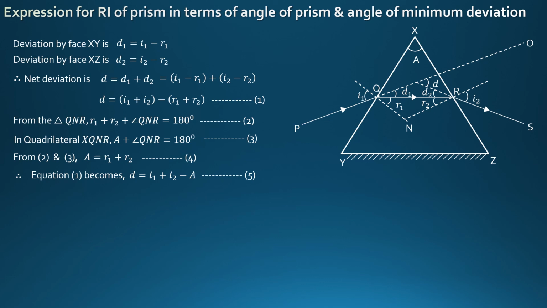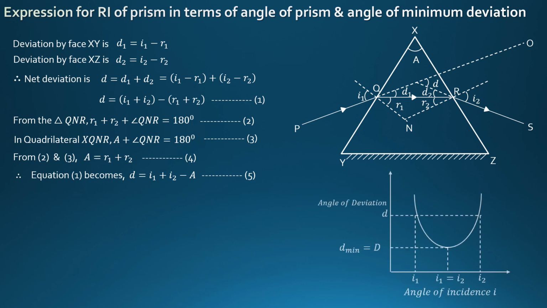From equation 5, we find that for a given value of deviation D, there are two values of angle of incidence, namely i1 and i2. Now, from the graph showing the variation of angle of deviation with the angle of incidence, at the minimum deviation position of the prism, the incident ray and the emergent ray are symmetric to each other.